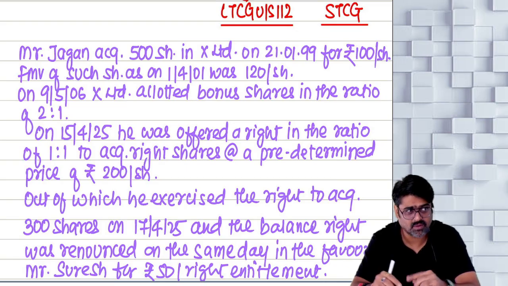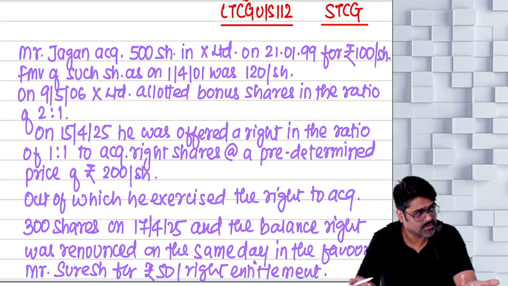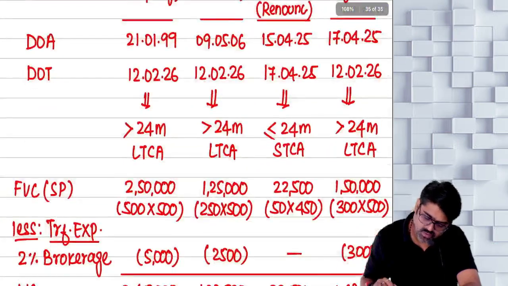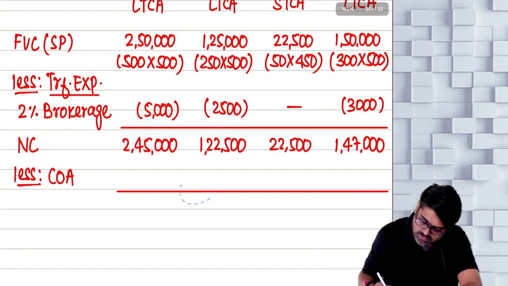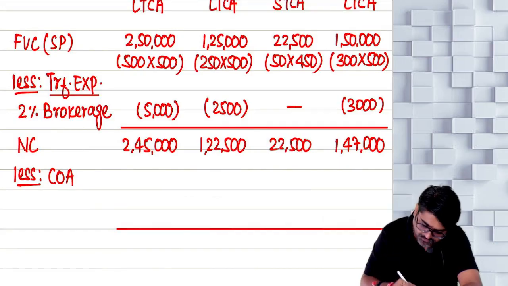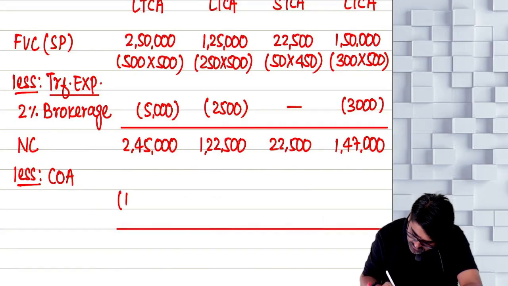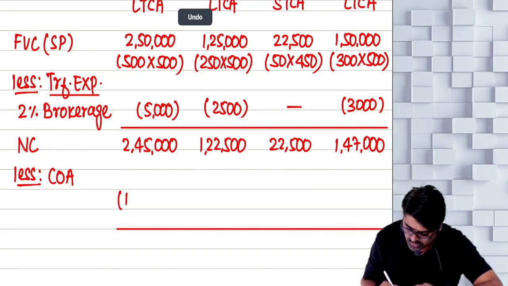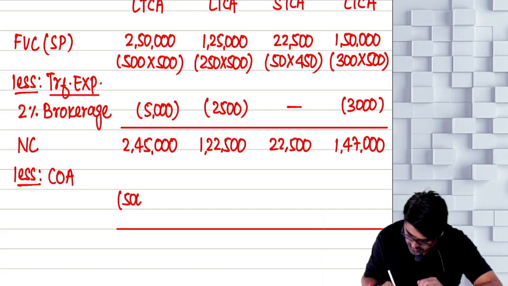Will you take 100 or you will take 120? Simple. So 120 into 500 shares. How much? 60,000.